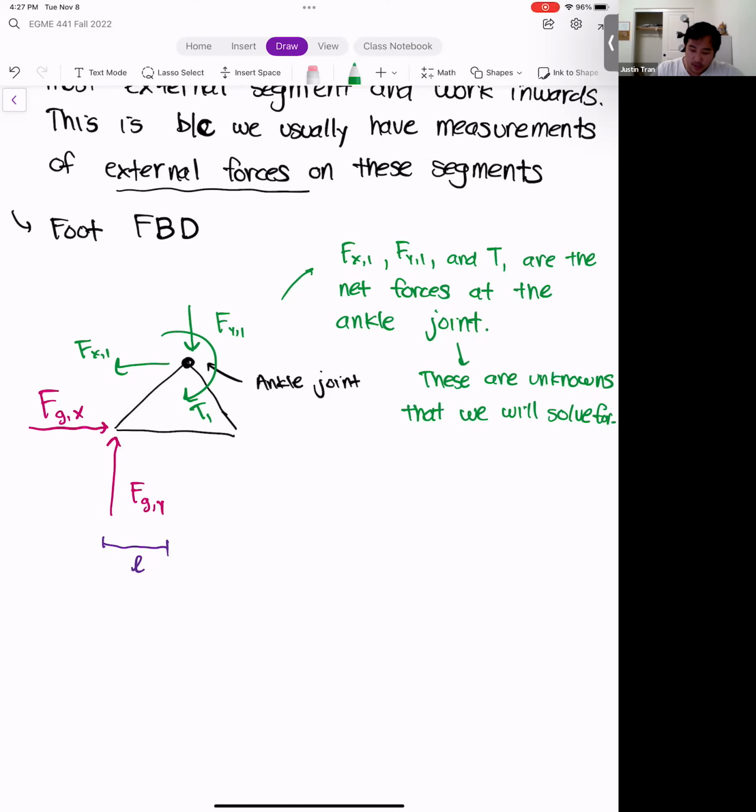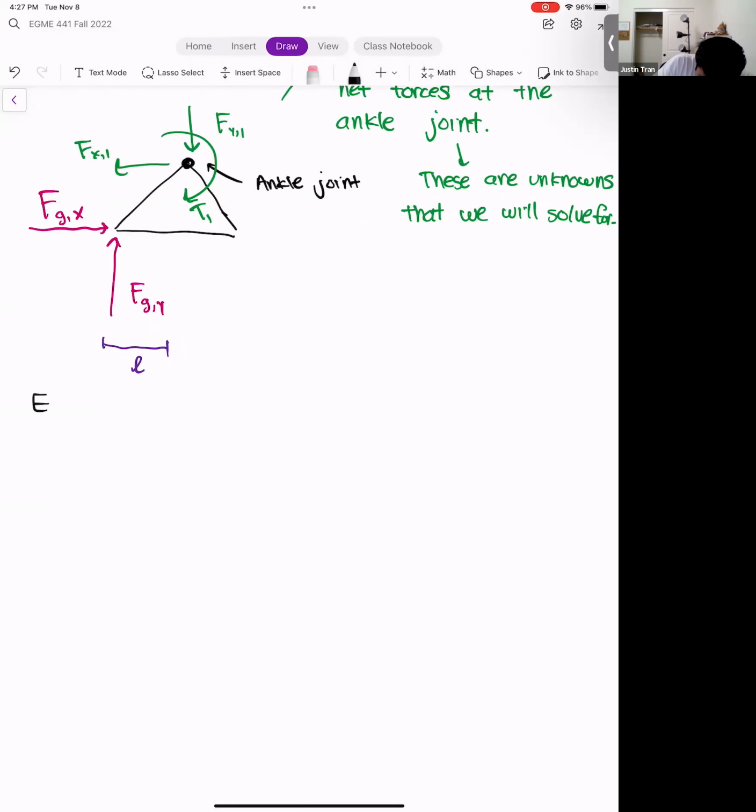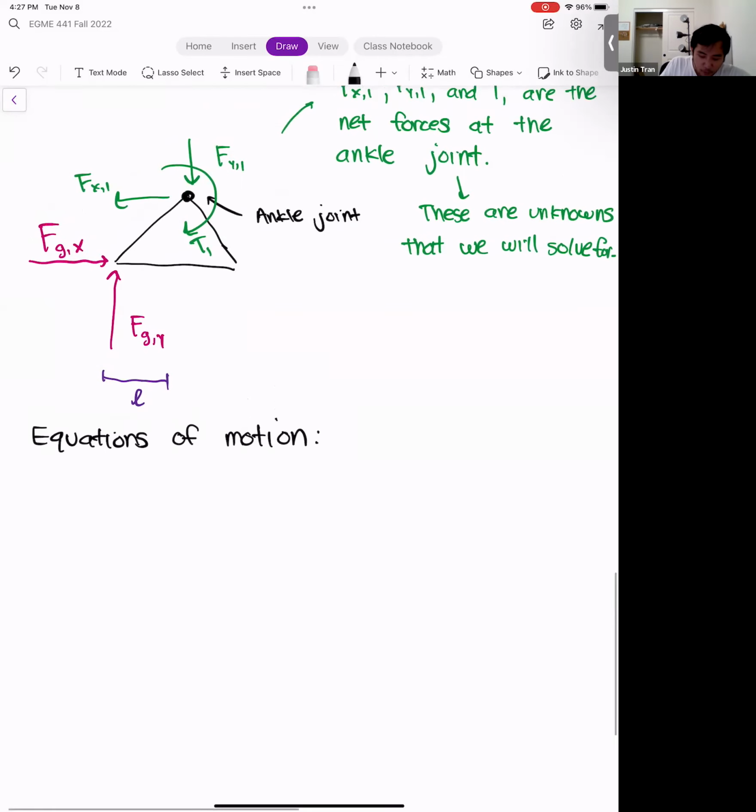All right, so let's go ahead and form our equations of motion. Let's sum the forces in the x direction. In the x direction, we have two forces here.